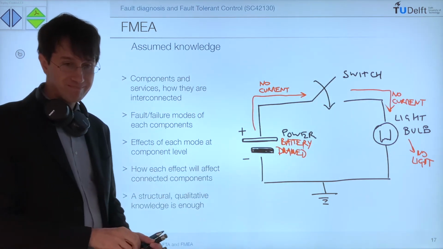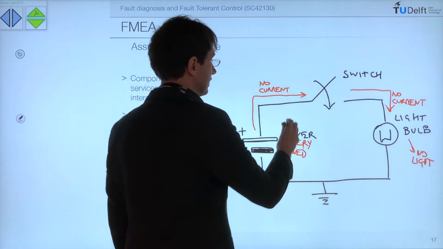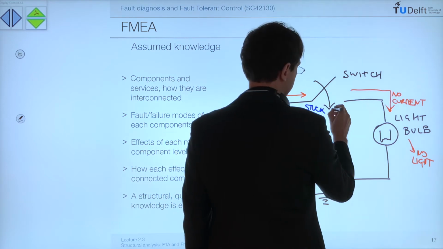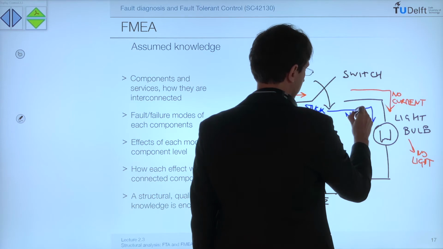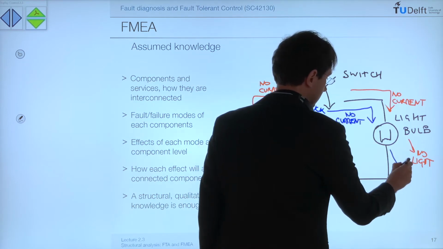Similarly, if the switch is stuck open, the effect is having no current going to the light bulb. And we get no light.